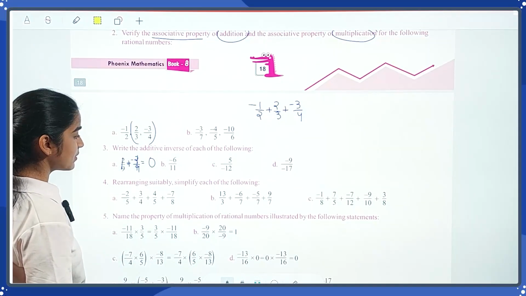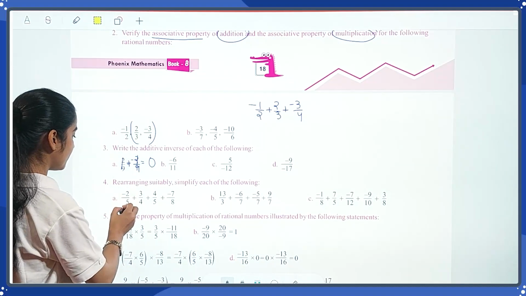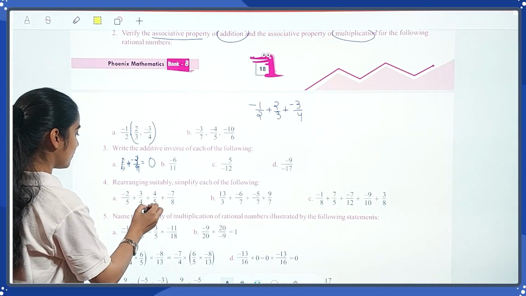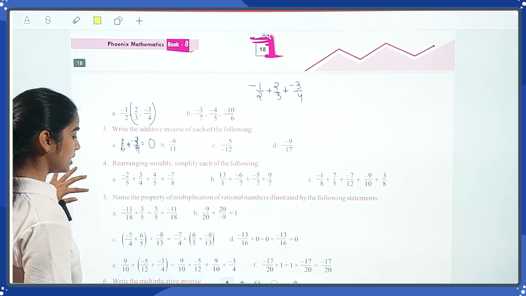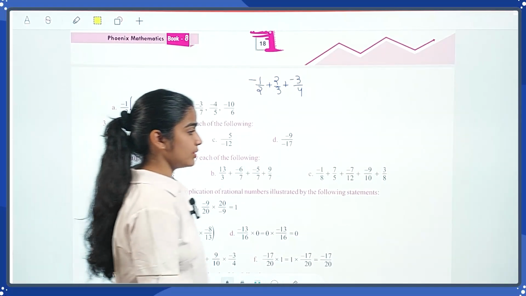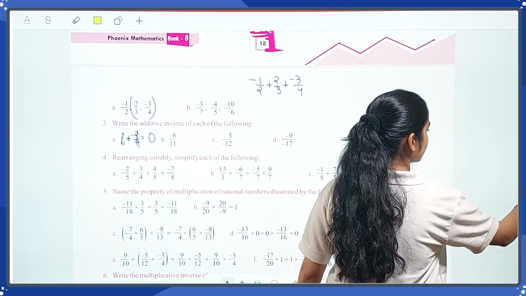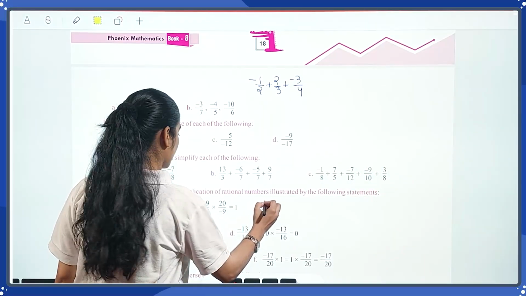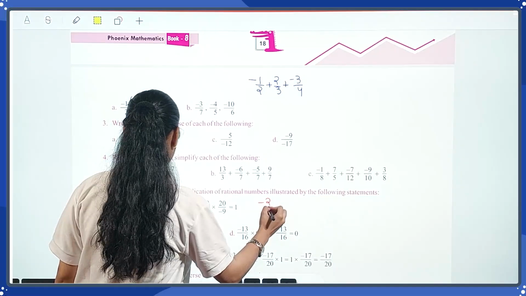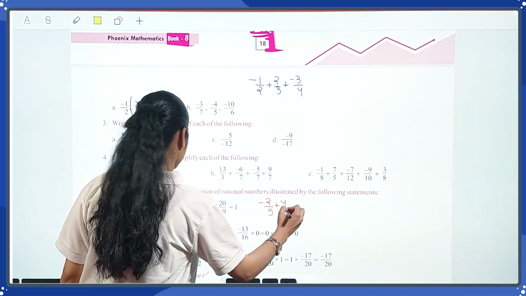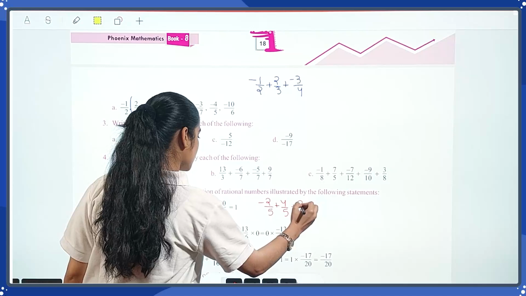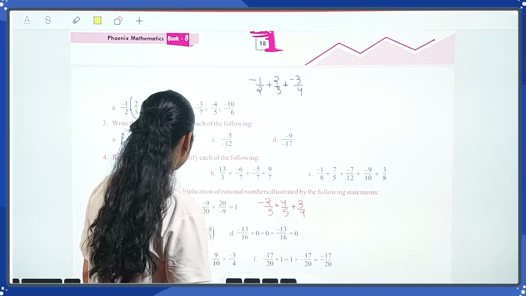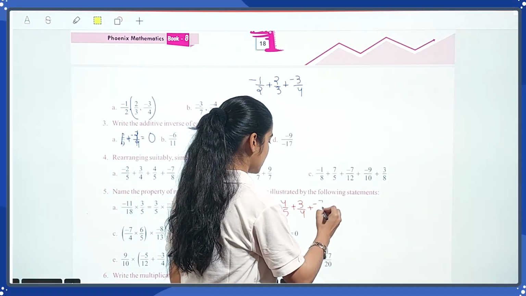Rearranging suitably, simplify each of the following. 2 by 5, 3 by 4, 4 by 5, plus minus 7 by 8. So it will be solved in that way. Minus 2 by 5 plus 4 by 5 plus 3 by 4 plus minus 7 by 8.